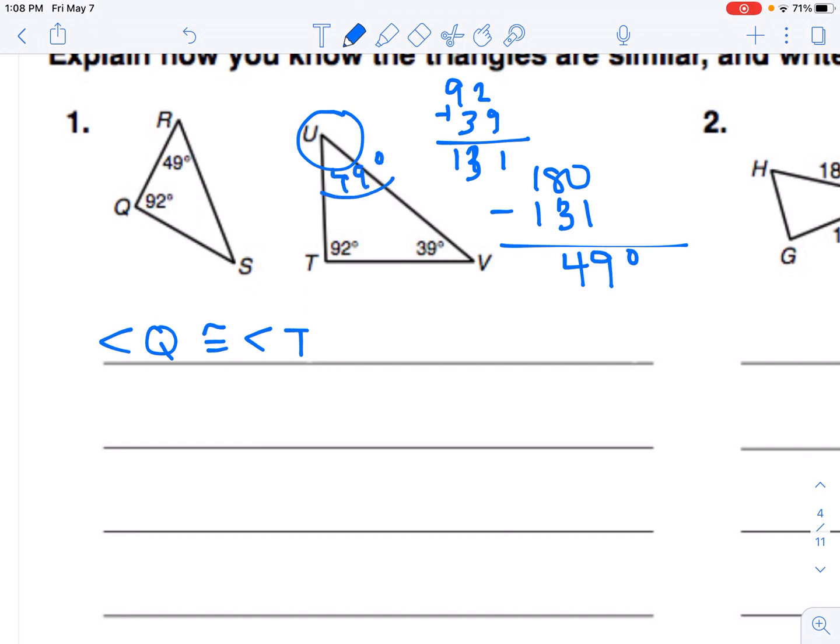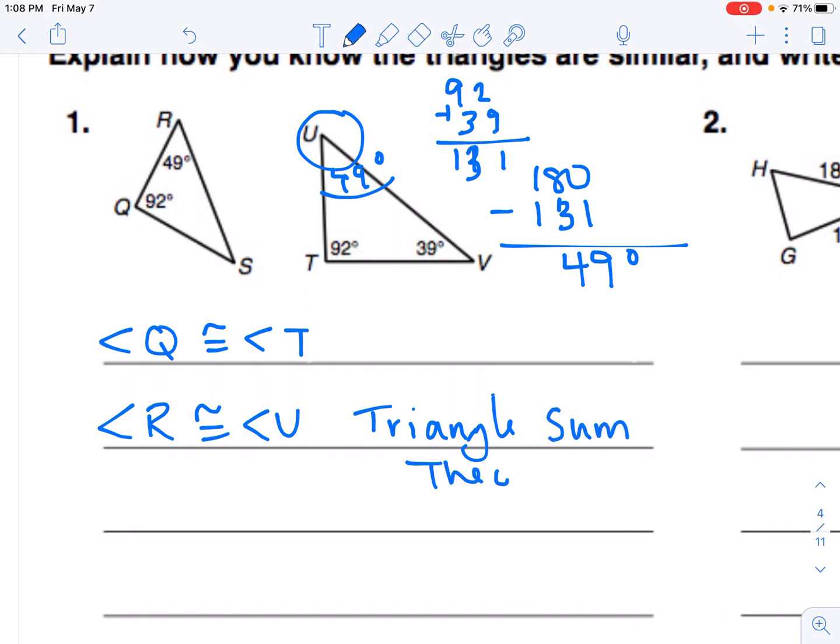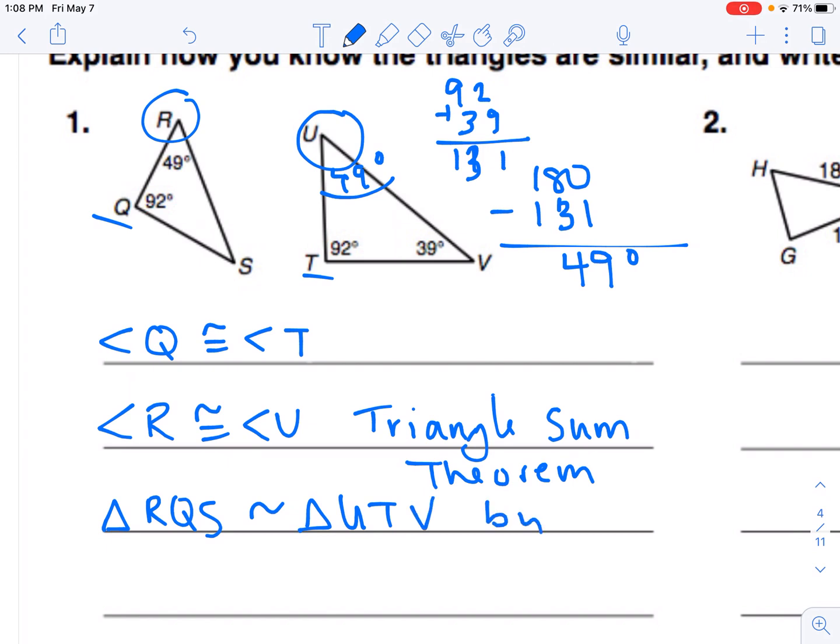Now we can say that angle R is congruent to angle U by the triangle sum theorem. And then these triangles, triangle RQS is similar to triangle, so R matches with U, Q matches with T and V, by angle-angle similarity.